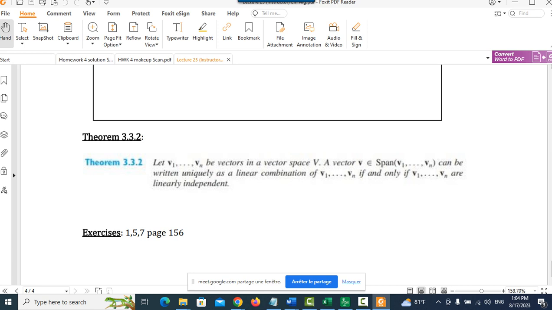So in our case, we took two vectors in the vector space R2 and a vector v that belongs to the span of v1 and v2, and we can write v as a linear combination of v1 and v2. We also found that the v1 and v2 we selected were linearly independent. So our linear combination is unique.